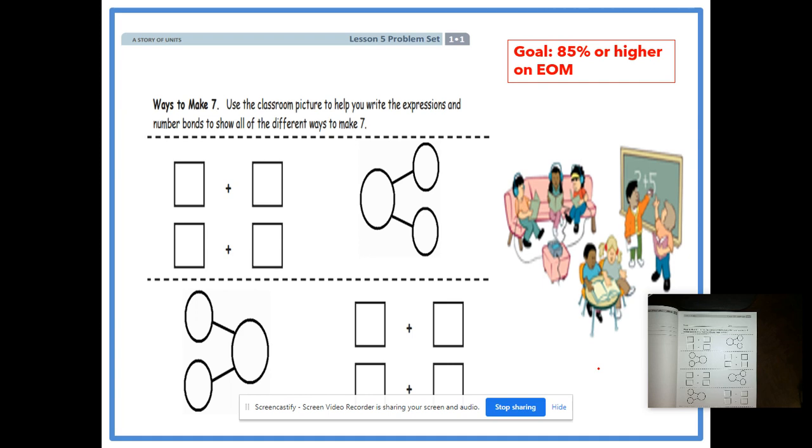Okay, first things first, our idea 56 is we write our name and date on every paper, and idea 57, we write our goal on our paper. So Ms. Gomez is going to go ahead and do that too right now.